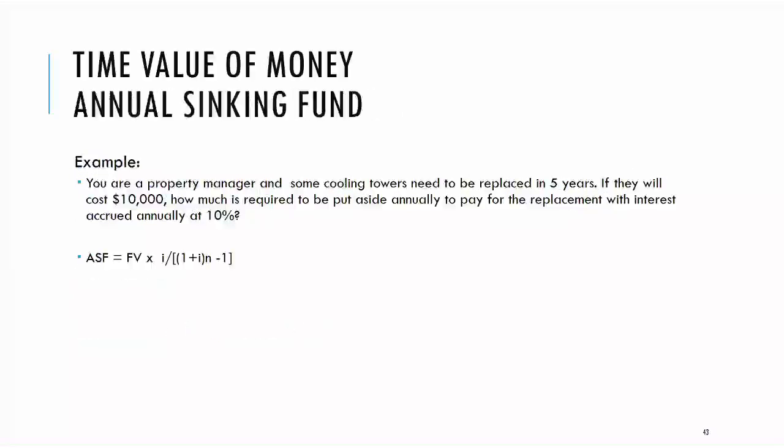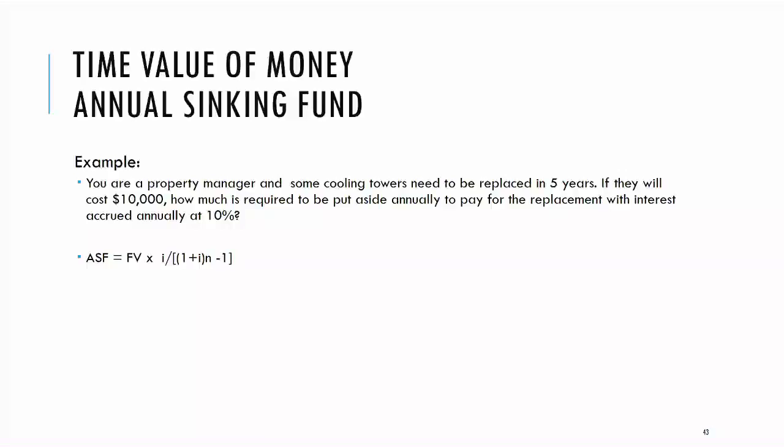Right. Example. Try to do this example, otherwise you'll be sleepy. I know you have done this before. You are a property manager and some cooling towers need to be replaced in 5 years.